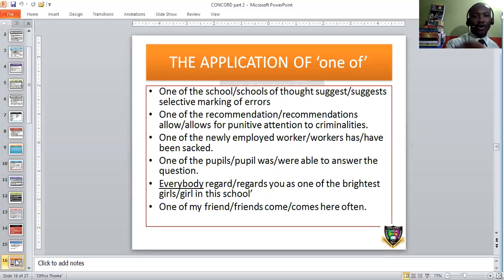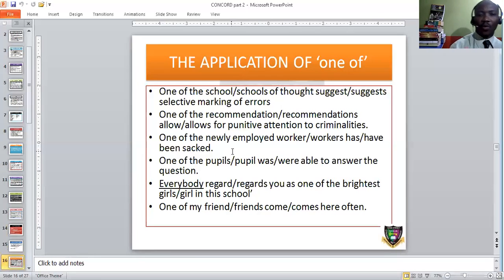One of the recommendations, out of many, allows one of them for punitive attention to criminality. When one of is used in a sentence and is immediately followed by a plural noun, the verb to be used will be determined by the number at the beginning of that sentence. Of course, that number will be one.